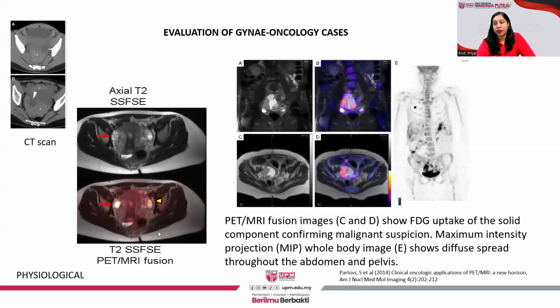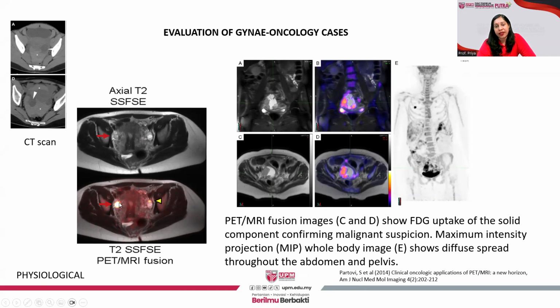This is an example of a patient who underwent gynae oncology assessment using PET-MR. As you can see from the CT scan here, the lesions in the ovaries are not clearly seen due to the relatively poorer soft tissue resolution on CT as compared to this axial T2 weighted MRI of the pelvic region, showing the ovaries with physiological appearance of multiple follicles and cysts in both ovaries.